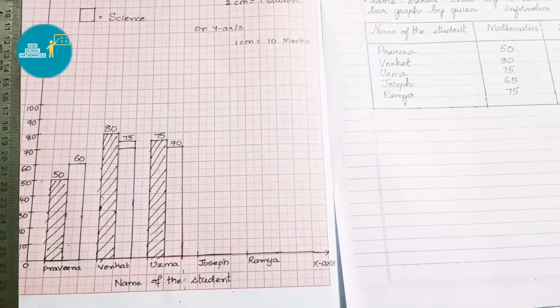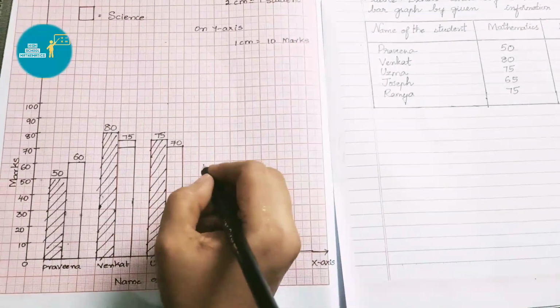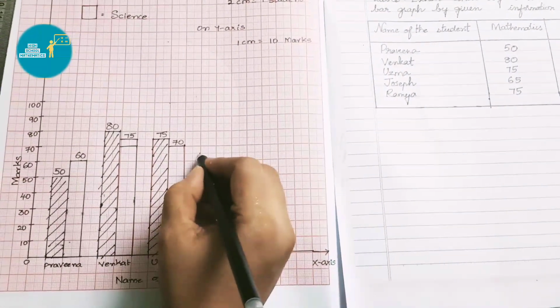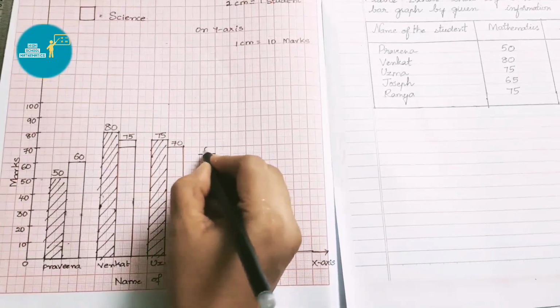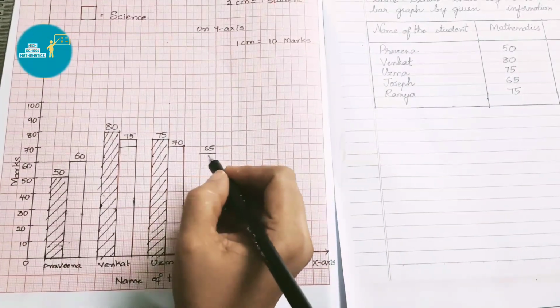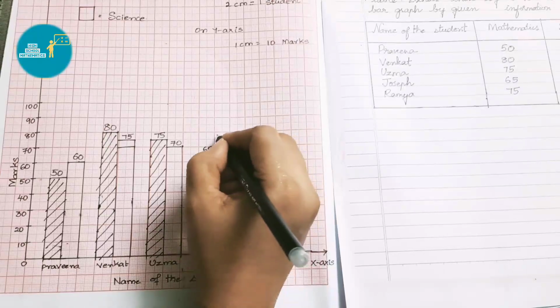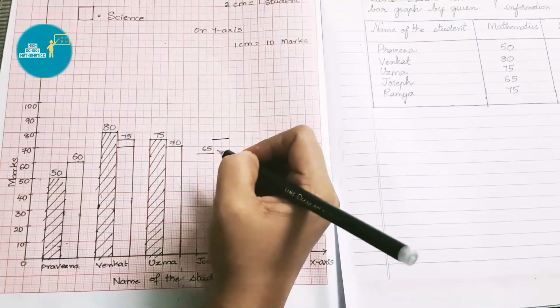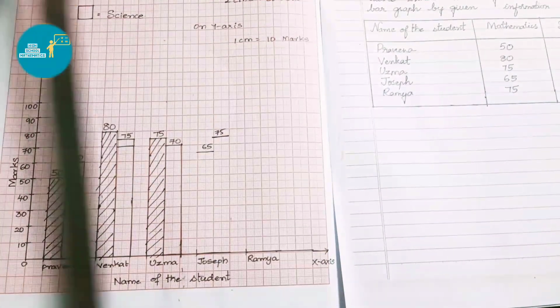See now Joseph got 65 marks in mathematics, so let us mark 65 in mathematics. Science he got 75 marks.